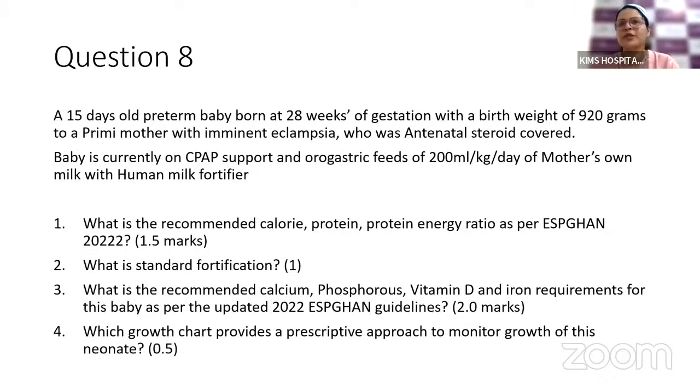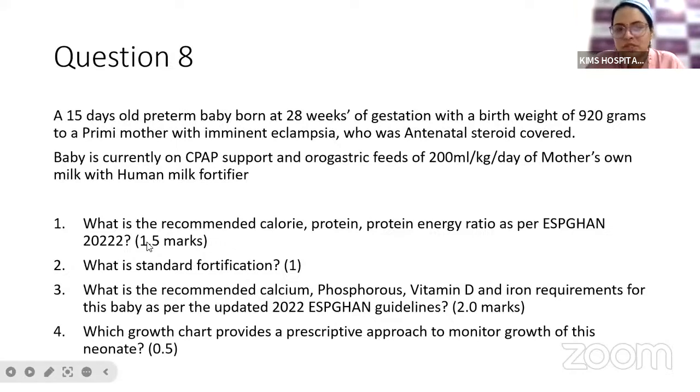So you can expect a lot of questions on calculation of calorie, protein, and some important micronutrients in preterm babies. And you may be asked to comment on whether this is adequate or inadequate based on the ESPGHAN recommendations. So here come the questions. What is the recommended calorie and protein intake as per ESPGHAN 2022? Sorry about the typo.